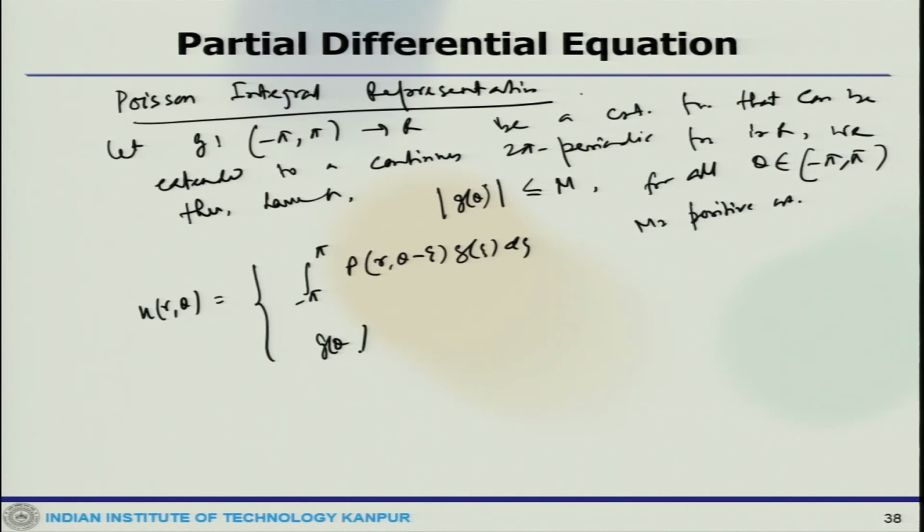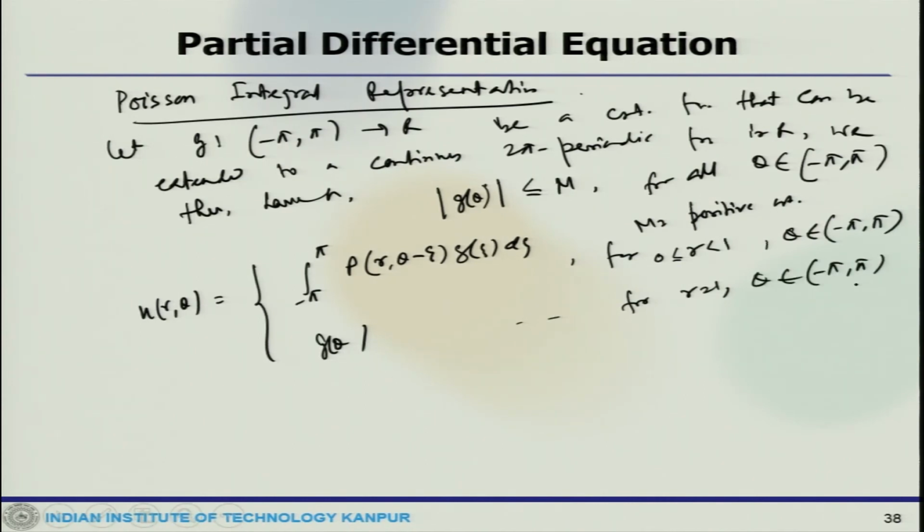So, this is for r less than 1, theta belongs to minus pi to pi, and this is g of theta for r equals 1 and theta belongs to minus pi to pi. So, this is another thing which could also be a bit handy, but we will see some examples where the separation of variables or these things we can use.